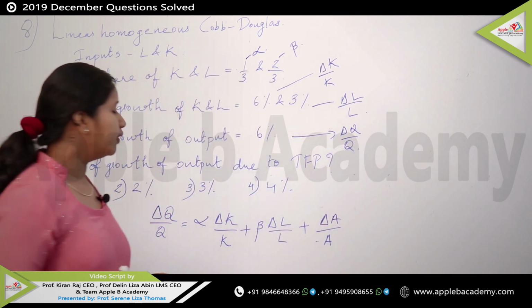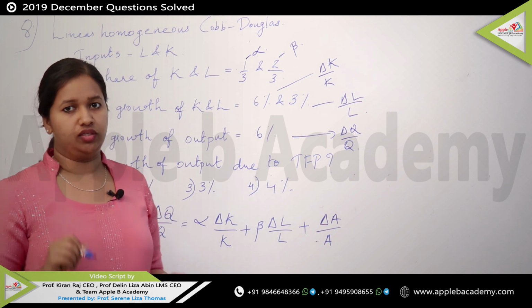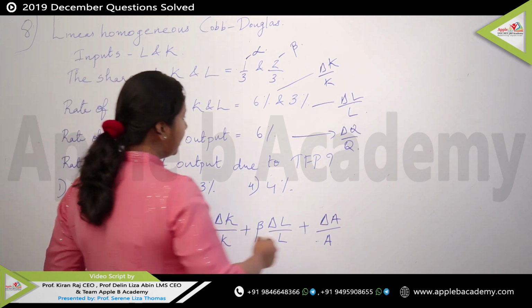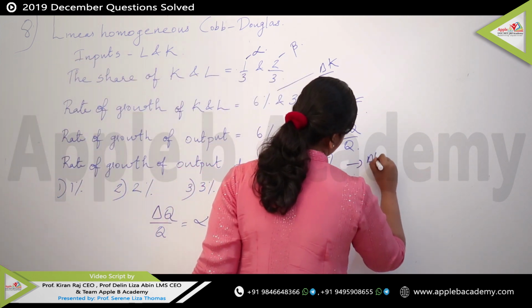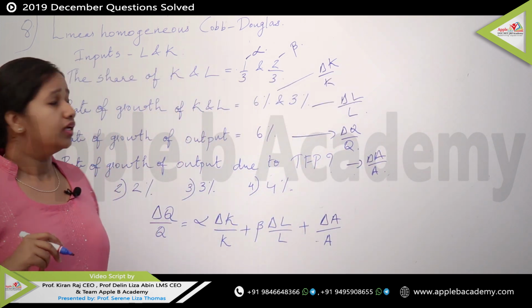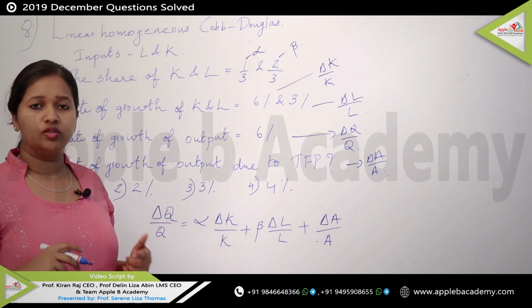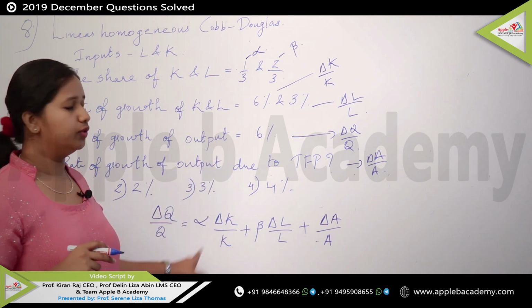We need to find the rate of growth of output due to total factor productivity, so we need to find delta A by A. We have all the elements necessary, so we just need to substitute these values in this equation.